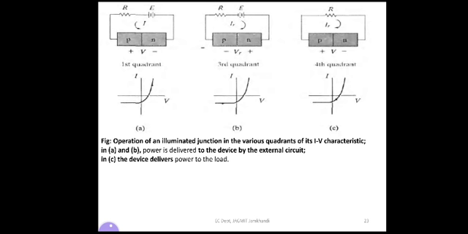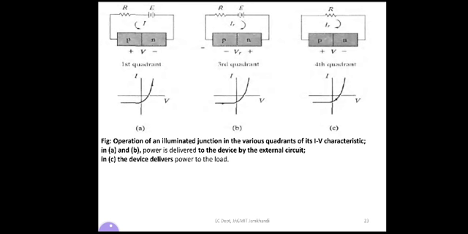Now let us look at the IV responses again under illumination. The figure shows the operation of an illuminated junction in the various quadrants of its IV characteristics. In A, the junction is forward biased, in the first quadrant, as you can see from the figure.